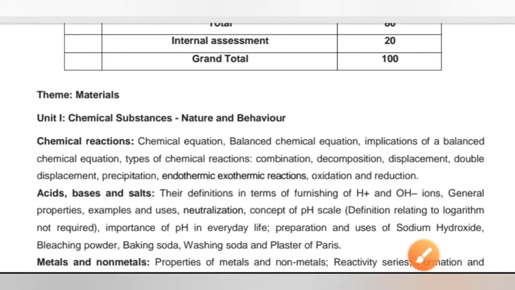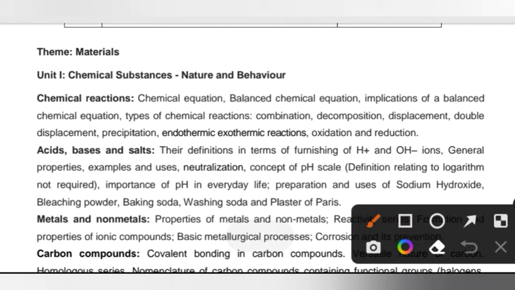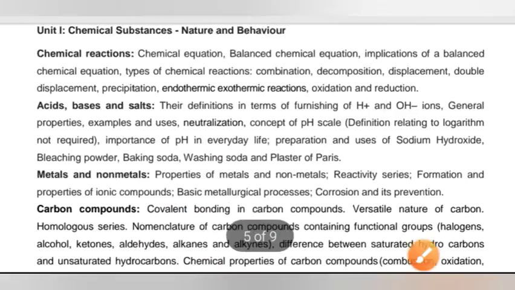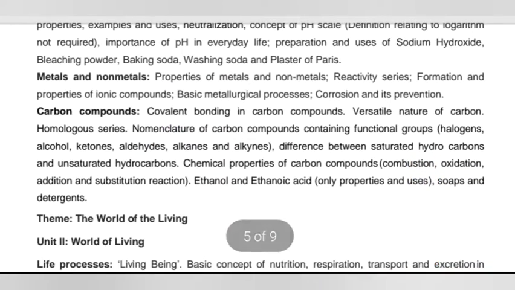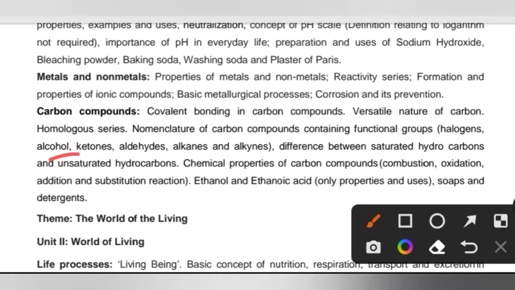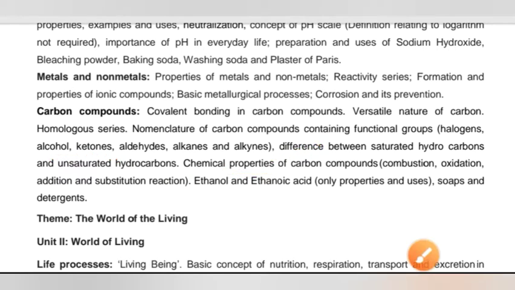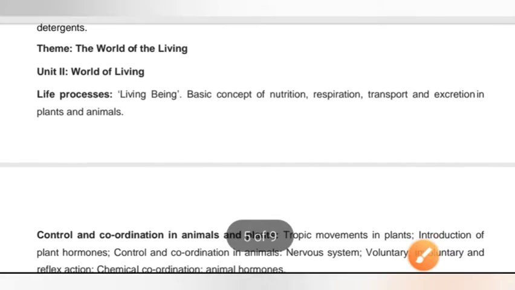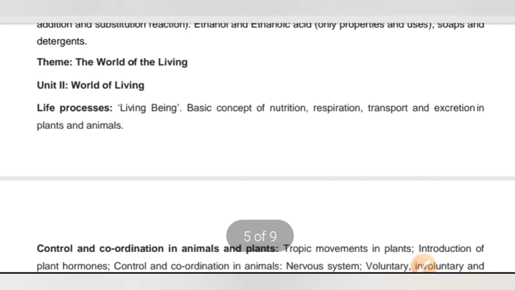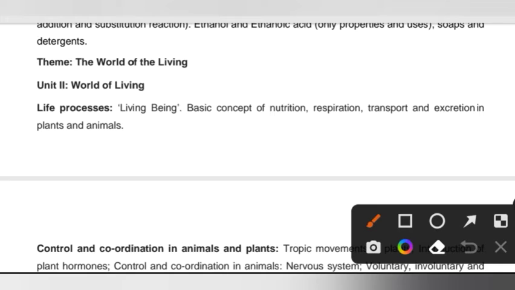And we have to read about acids, bases and salts with definitions, metals and non-metals and their properties, and carbon compounds like alcohols, carboxylic acids and so on, and the chemical properties of carbon. In the second chapter, The World of Living, that is life processes, in which the basic concepts are nutrition, respiration and transport.